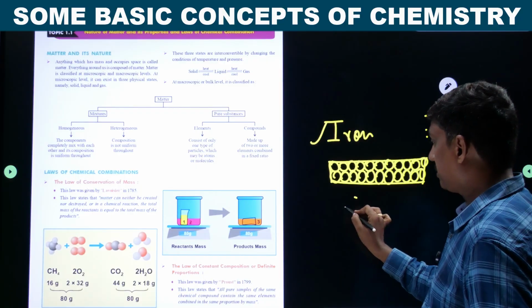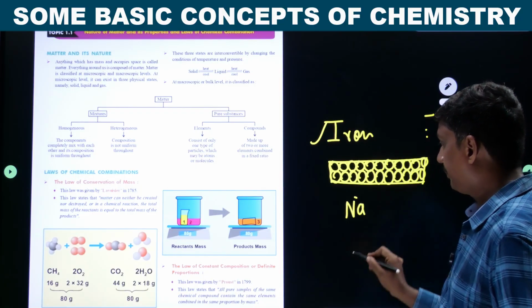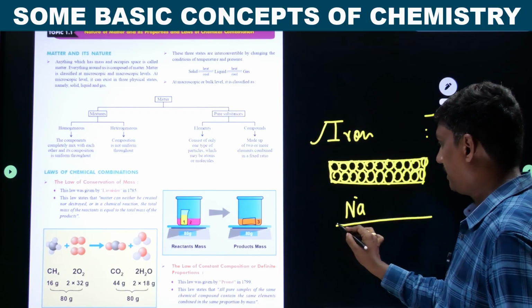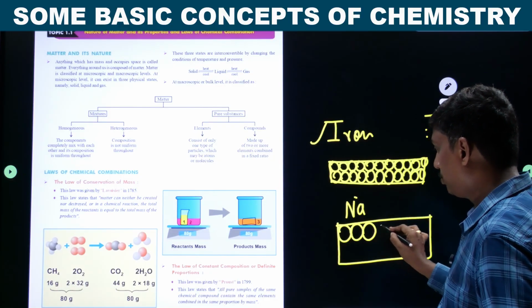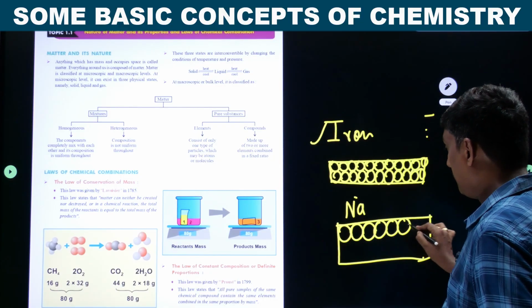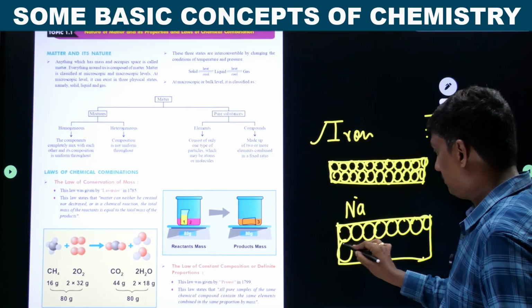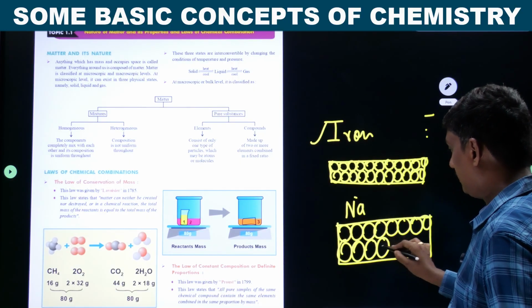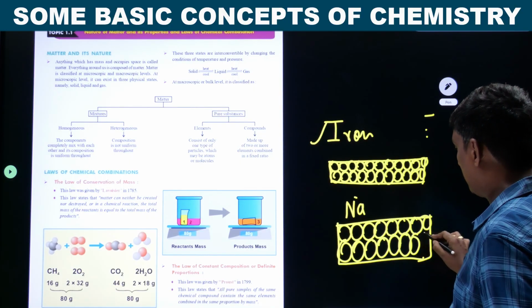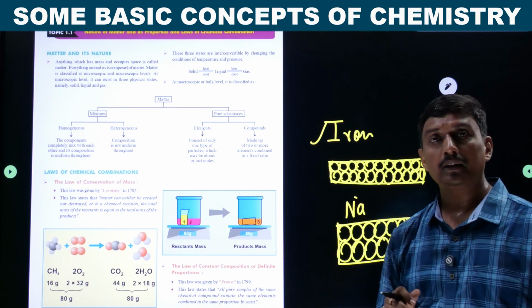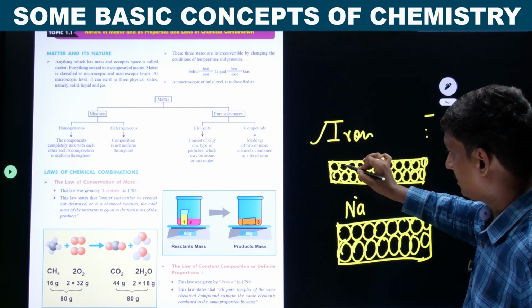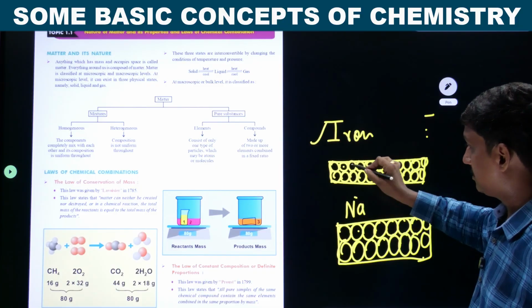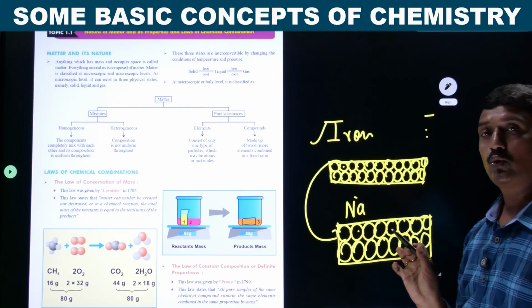For example, you take sodium metal. A pure sodium metal is also made up of atoms. I am using the word atoms only, but the atoms of sodium differ from the atoms of iron structurally. So whatever atoms are present in iron are not the same as in sodium.